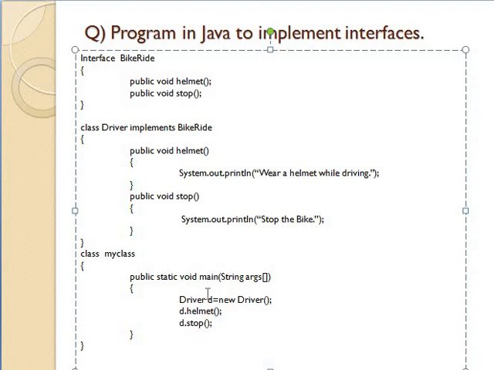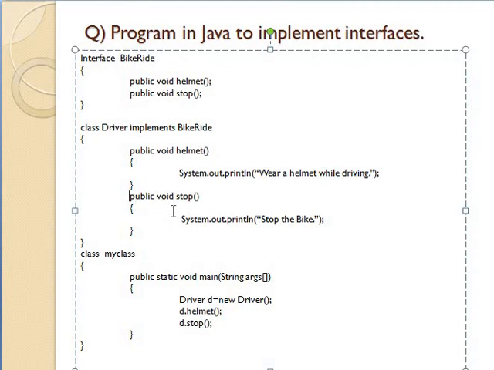Here, using the same object D of the class driver, it is now calling the stop method using the dot operator, and then again the control will shift to the class driver, come inside its body, and execute this method, that is stop.